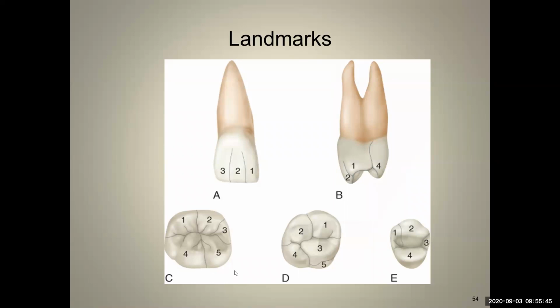It's formed from how many lobes? Five. This is a maxillary first molar, and here's the cusp of Carabelli, the fifth lobe. This is a premolar tooth. One, two, three, four lobes. Separating those lobes, you've got a little groove or an indentation, developmental grooves.